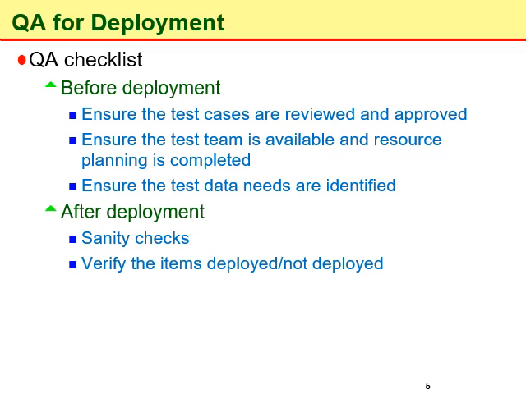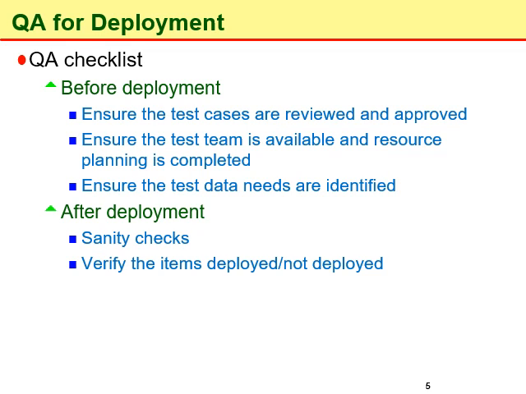Assuring this gives confidence to the deployment team that the system being deployed has undergone rigorous testing and review process. Then the second one is to ensure that the test team is available and resource planning is completed.